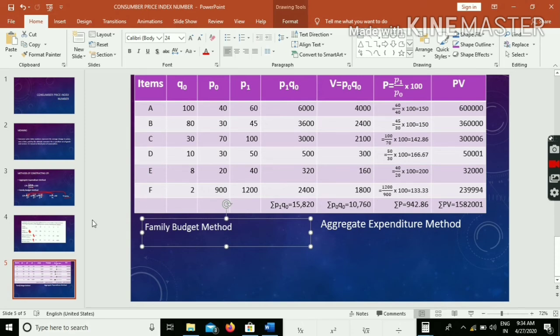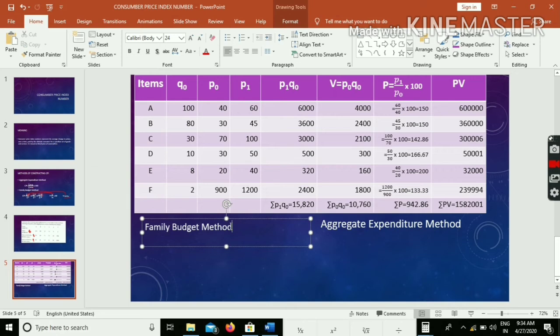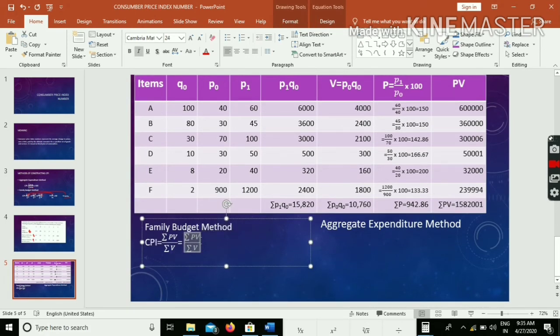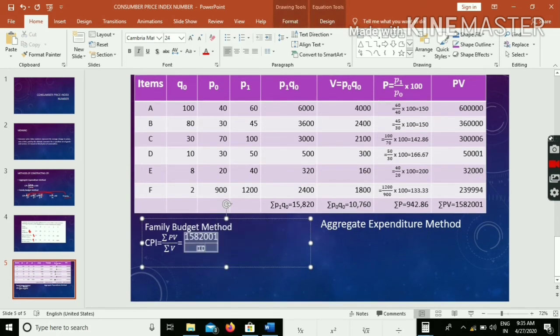So the formula to calculate family budget method is sigma PV divided by sigma V, that is 10,760.